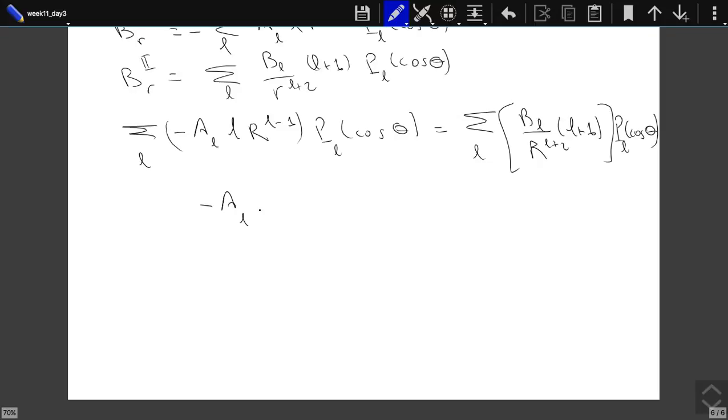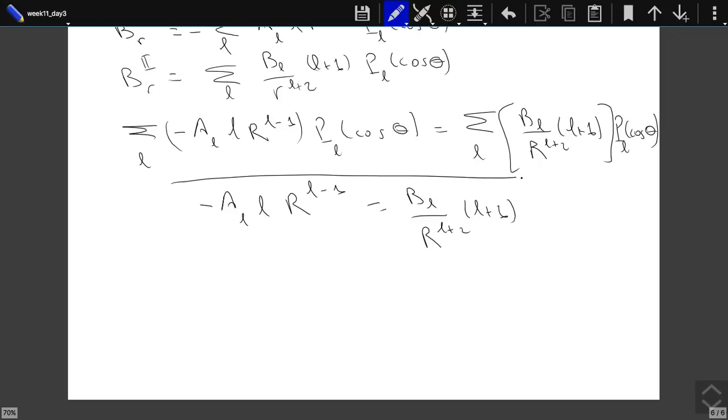So minus A_L times L r^(L-1) should be equal to B_L over r^(L+2) times (L+1). This is one condition I have for these coefficients. I obtained it by looking at the divergence of B, which was 0, allowing me to conclude that the component of B perpendicular to any given surface has to be continuous as you cross that surface.